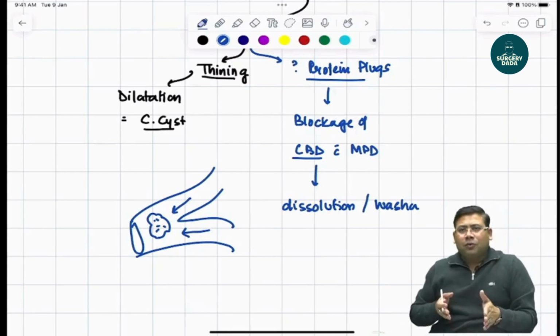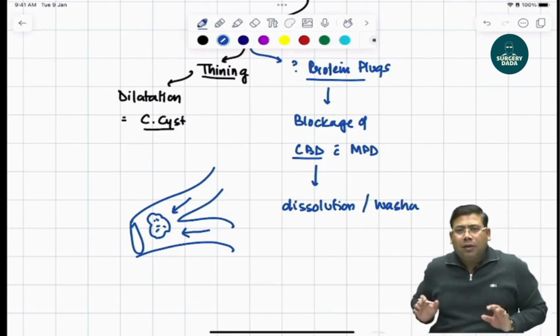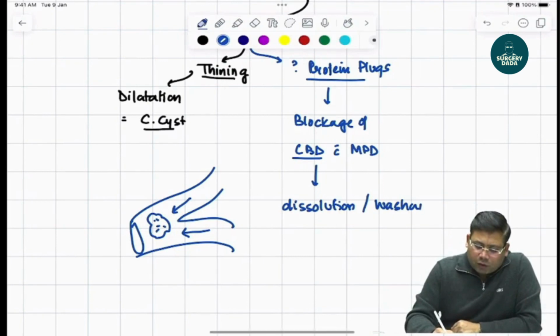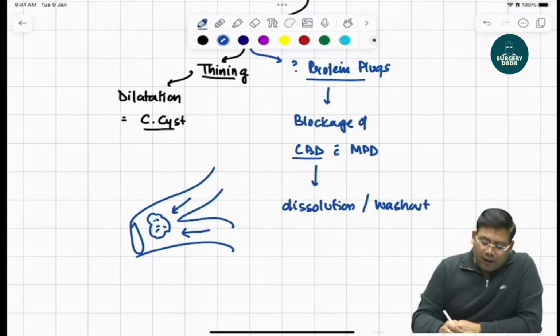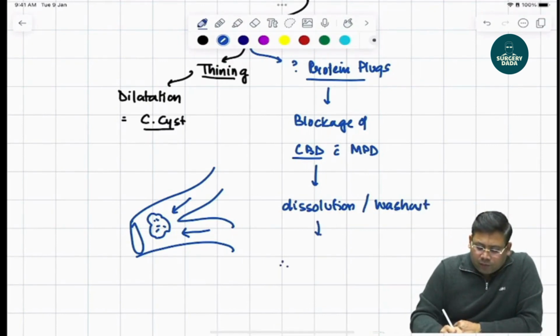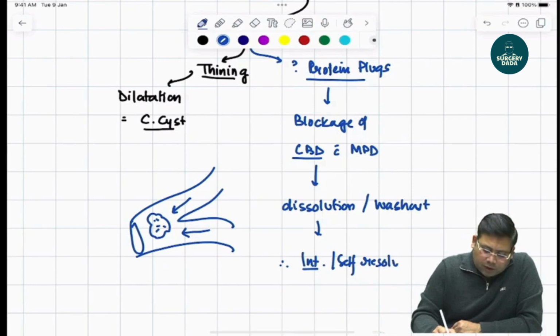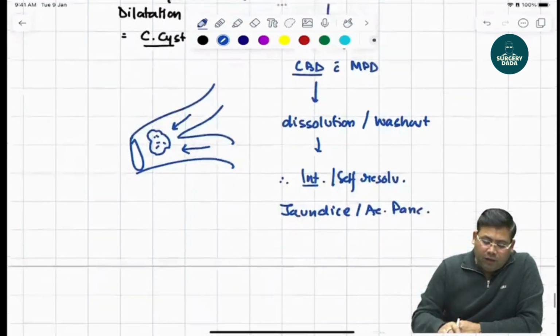So pancreatic juice can dissolve it, and bile can wash it out, and therefore you have intermittent, self-resolving what, students? Obstructive jaundice also, and the other one is acute pancreatitis. This is what is very important.